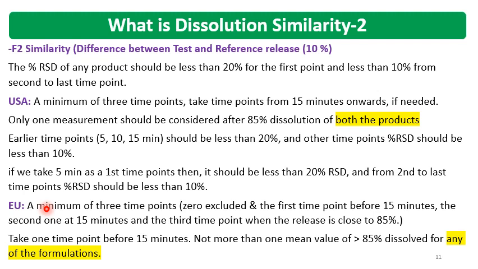Then for the first time point before 15 minutes, you can take a time point of 10 minutes. So 10, 15, and the third time point when the release is close to 85%. Take one time point before 15 minutes, and not more than one mean value of 85% dissolved for any of the formulations.